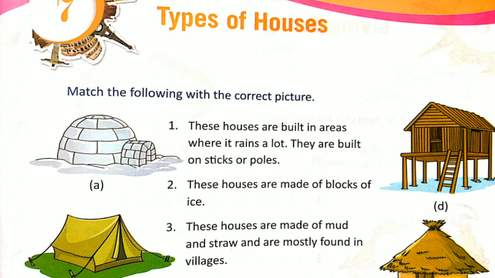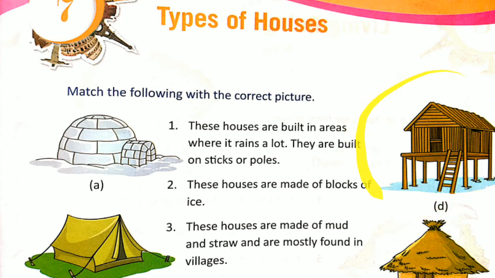Number one: these houses are built in areas where it rains a lot, and they are built on sticks or poles. Which type of house is built on sticks or poles?